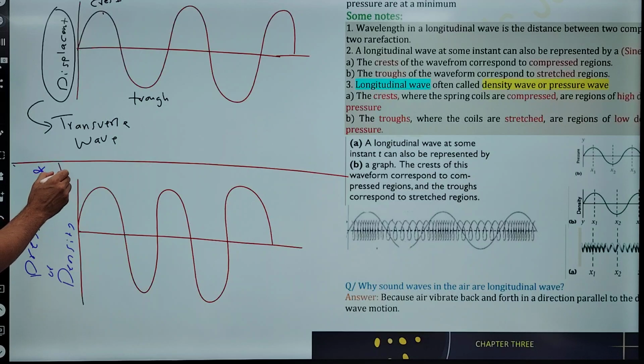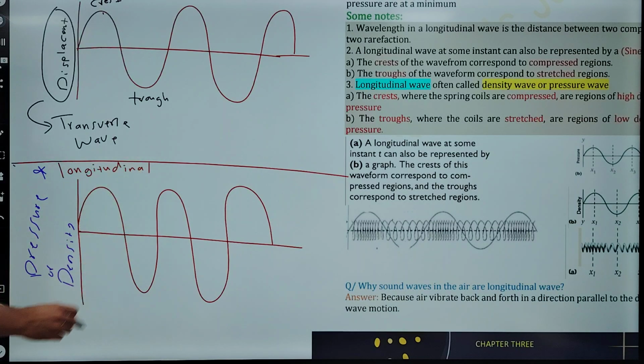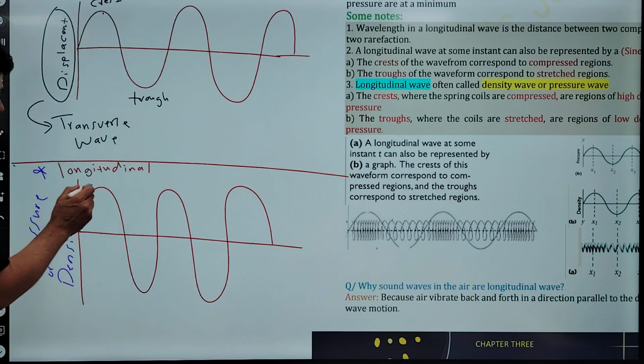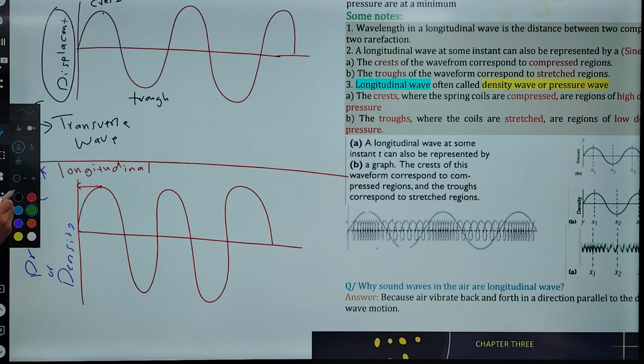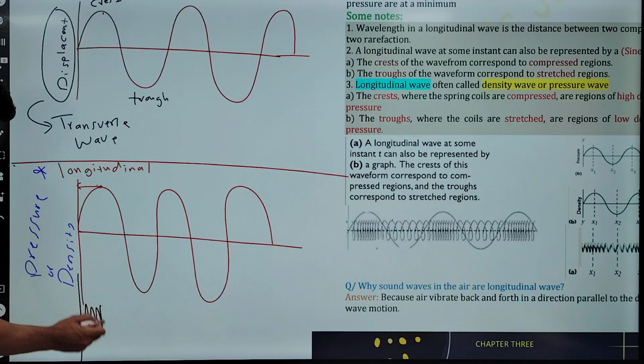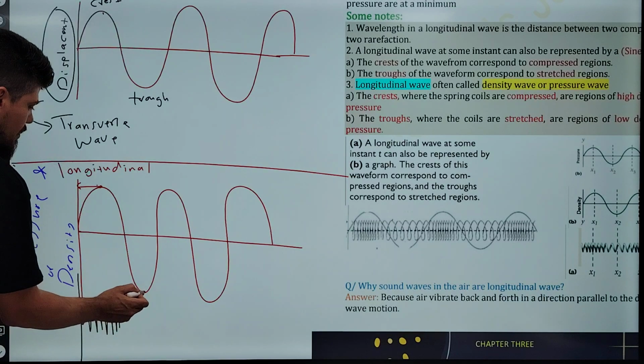What is this wave? Longitudinal wave. Why? Because here we don't have distance, we have pressure and density. This point corresponds to what? Highest density, maximum density, or minimum density? This is maximum density, which corresponds to what? The compression. What is this region? It is compression.